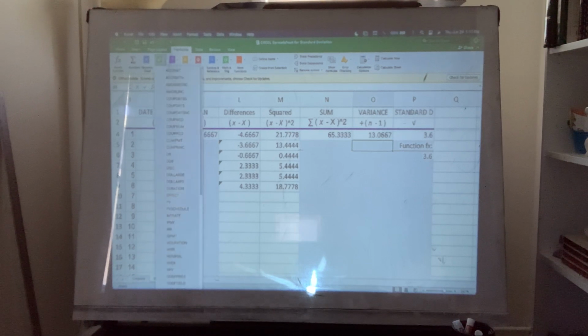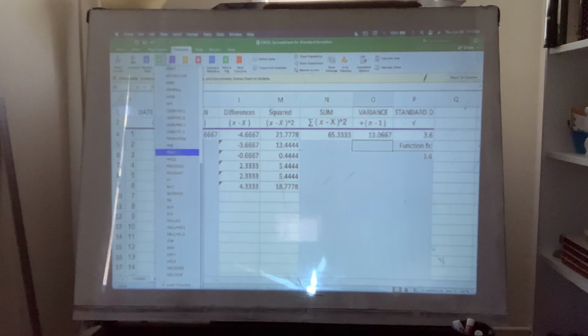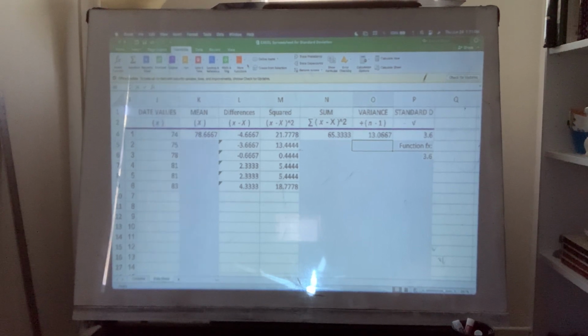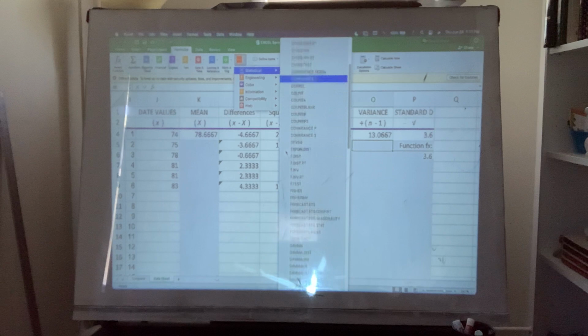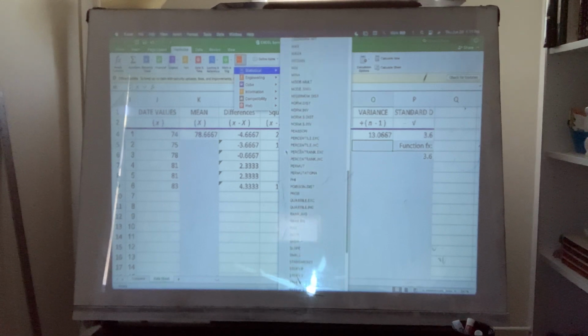You see a bunch of these functions in here. And scroll through it. And if not there, then statistics. There we go. There's a lot of choices.